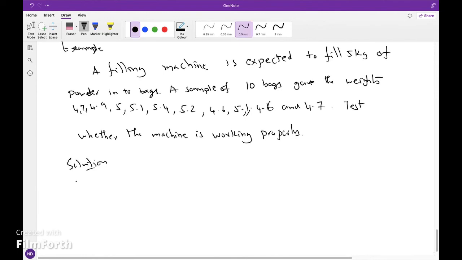Solution: the sample size n is equal to 10 and mu equal to 5 kg. So first calculate x bar and s.